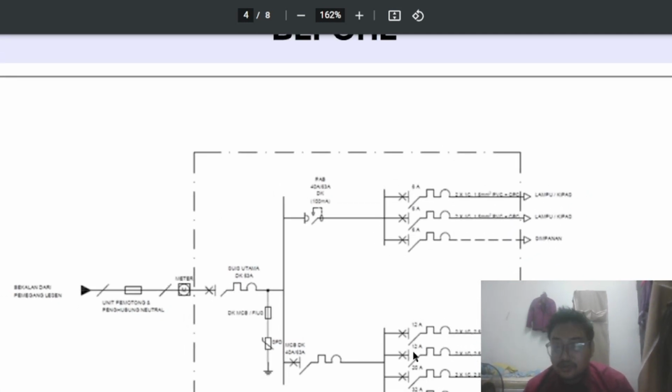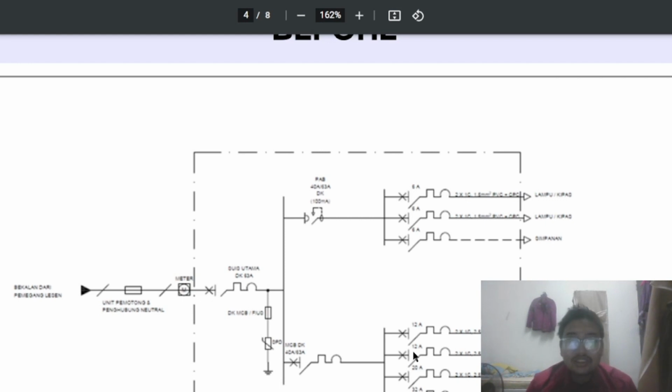So they use only 4 of 5 power circuits, of which 2 are 12 ampere, 1 is 20 ampere, and the last one is 32 ampere. As storage for the final circuits, the lamp circuit has one, which is 6 ampere, and the power circuit has 32 ampere.